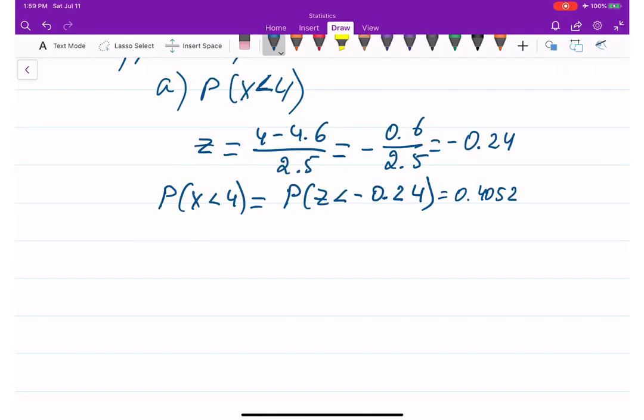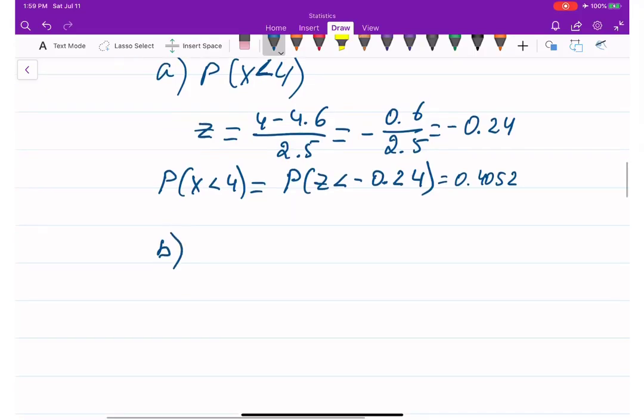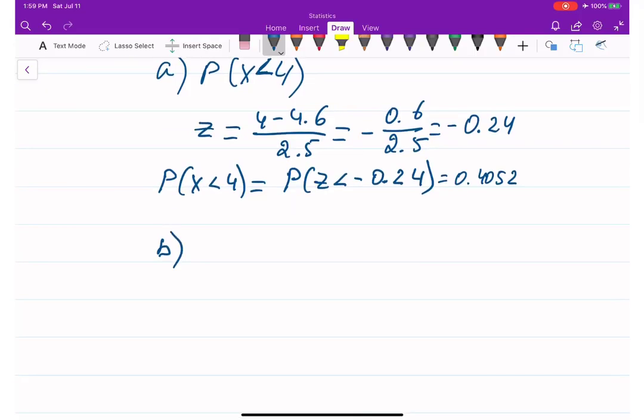Let's see what is the next question we have. Question B. We need to find the probability that the randomly selected study participant response was between 4 and 6. Okay.